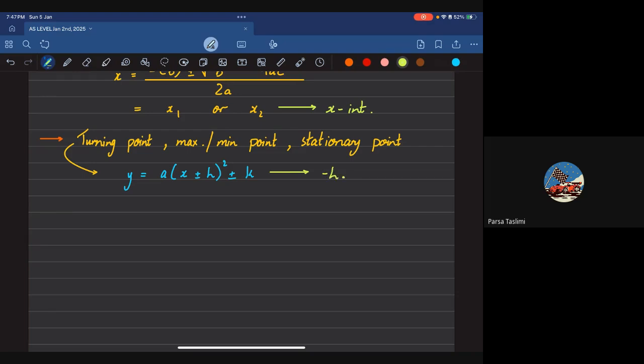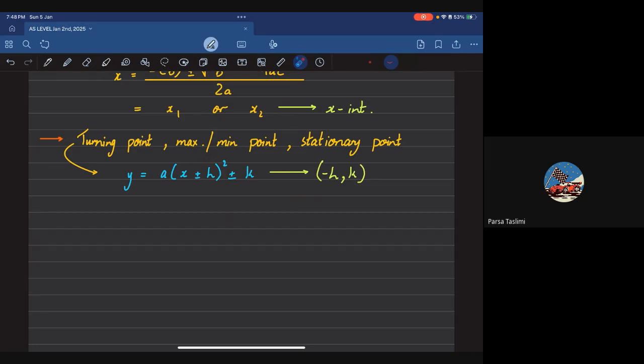minus h and k. Why do I write minus h all over again? Because whatever value of h is inside the bracket, when you go to the opposite side, it's going to have an opposite effect. The sign is going to be reversed. So if you have x plus h, when you find your turning point, it's going to be minus h.